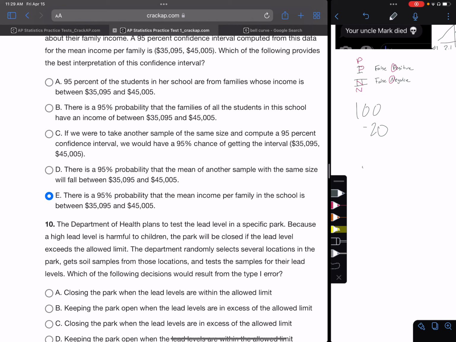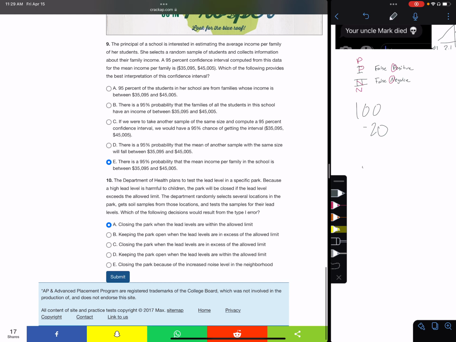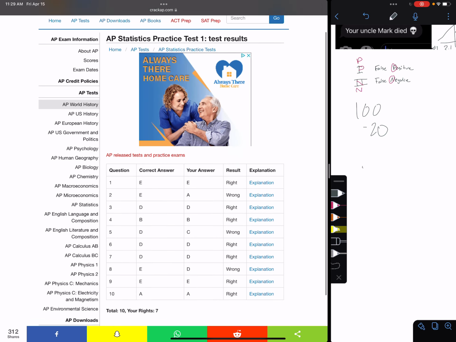Yeah, that's a false positive. You reject it when it's actually fine. So they would close the park when lead levels are within the allowed limit. Okay, that probably fails. It's fine though.